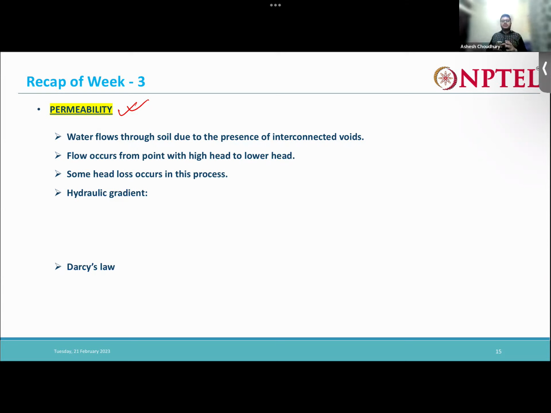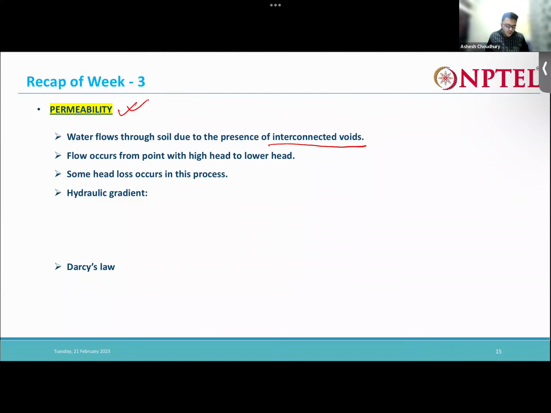All the voids in the soil form an interconnected network, which you can imagine as an interconnected network of pipelines. That network of voids allows the flow of water through a soil mass. So water flows through soil due to the presence of interconnected voids.